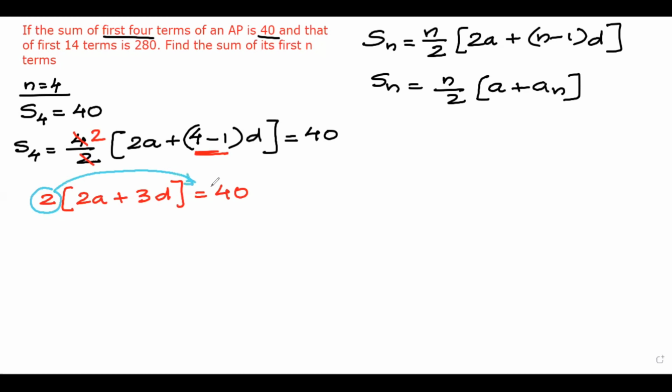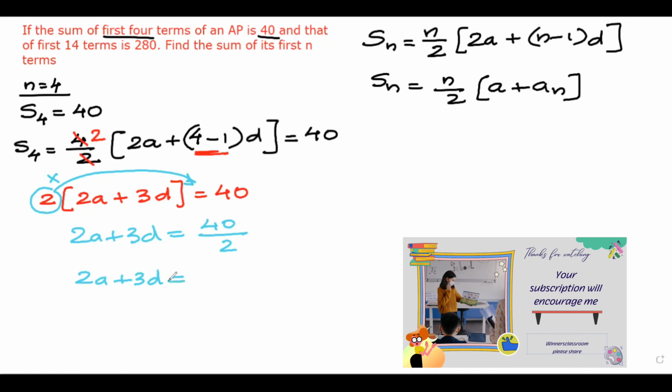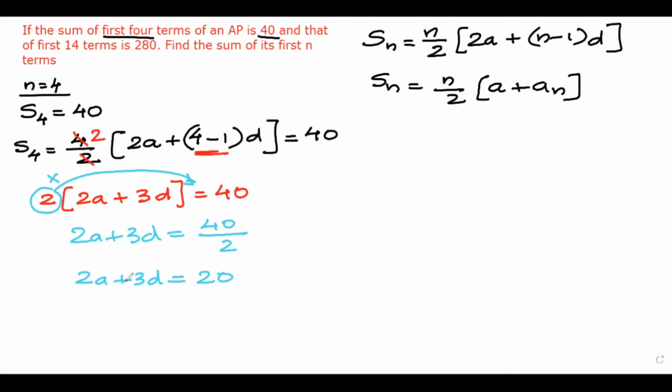See, then it will become easier. When this 2 is taken from this side, where it is multiplied, to the other side, it becomes division. So 2a plus 3d is equal to 20. This is the first equation we got from the statement given in the question.